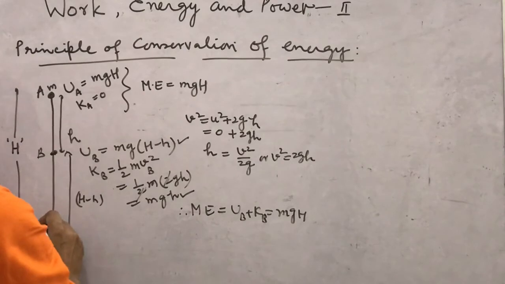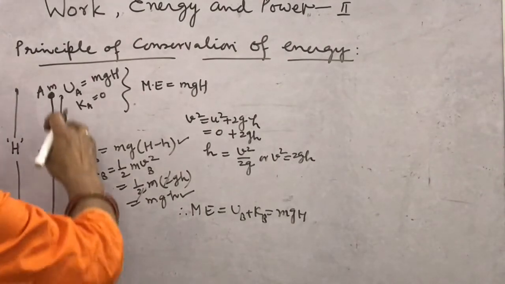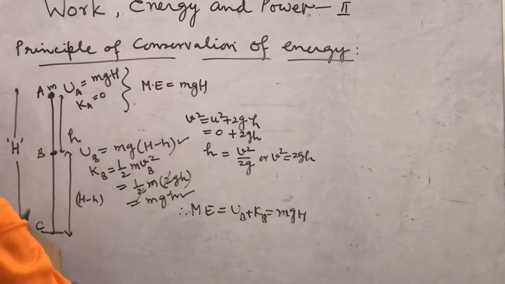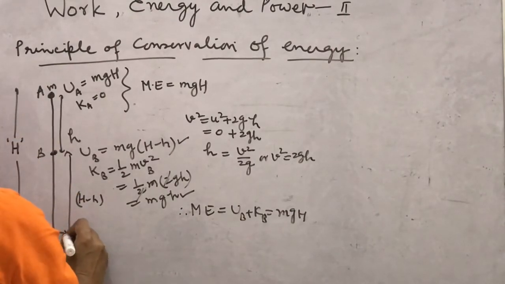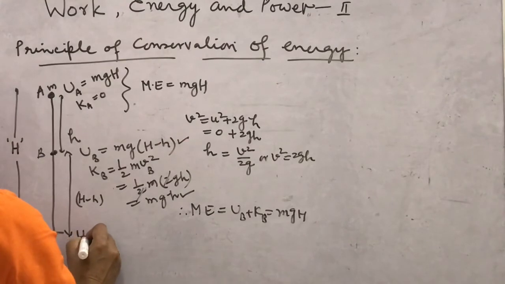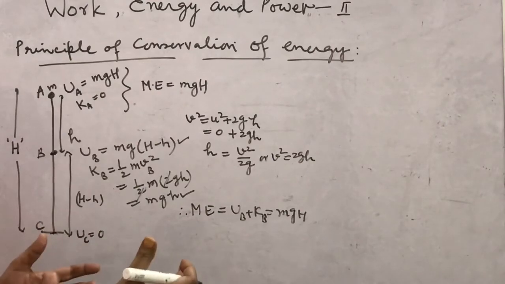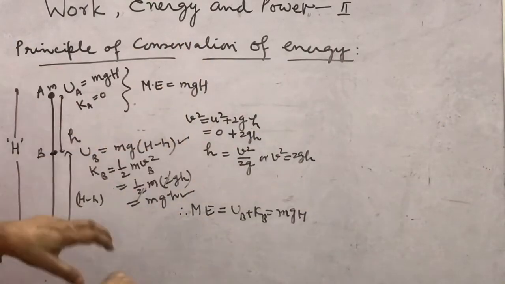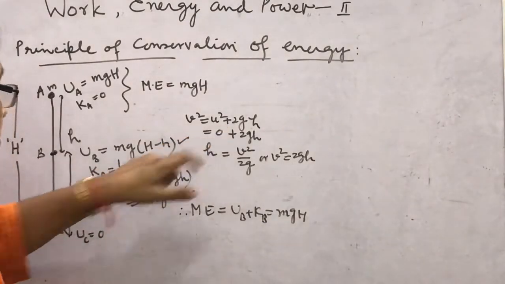Similarly, when the ball is about to strike the ground, it has covered the total height H. Since it is just above the ground with no height, the potential energy becomes 0. Where has it gone? It is converted totally into kinetic energy, using the same relation.